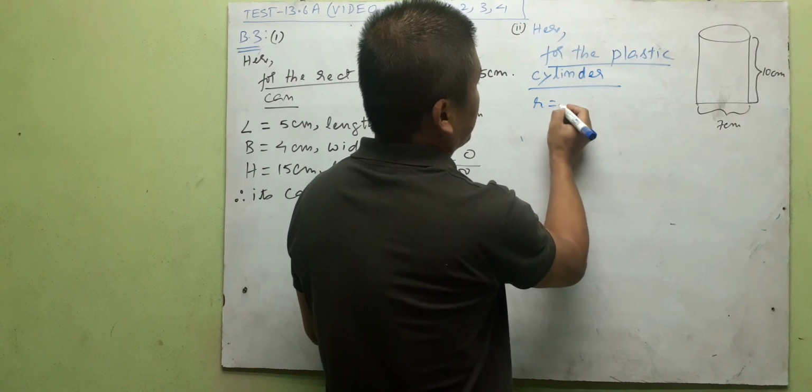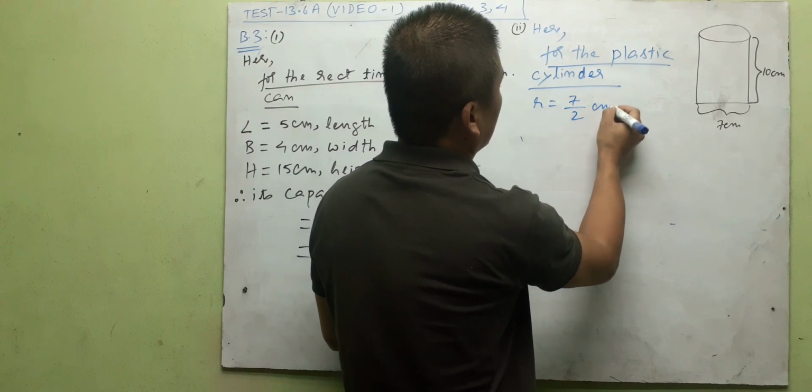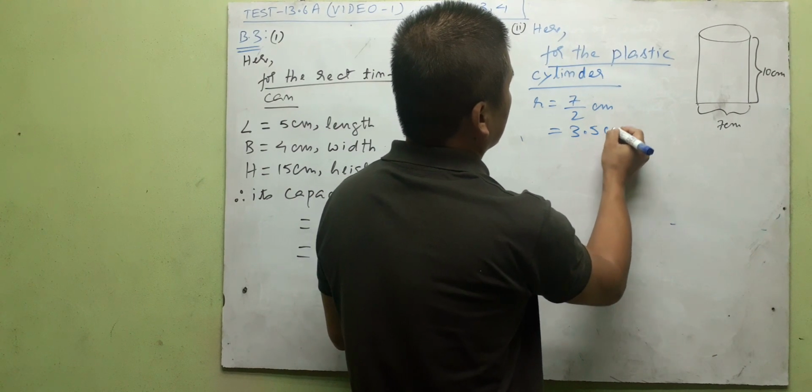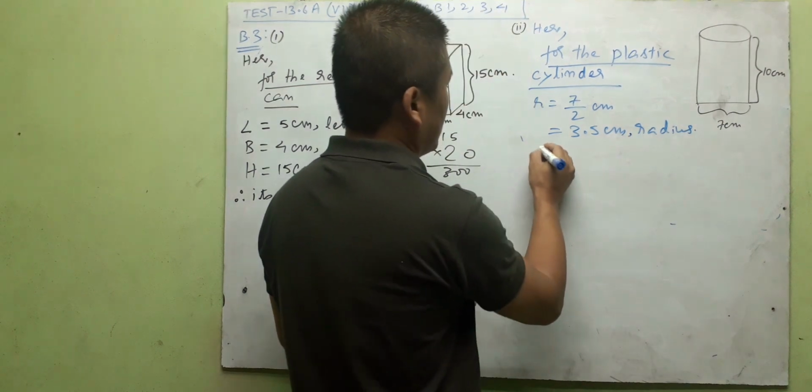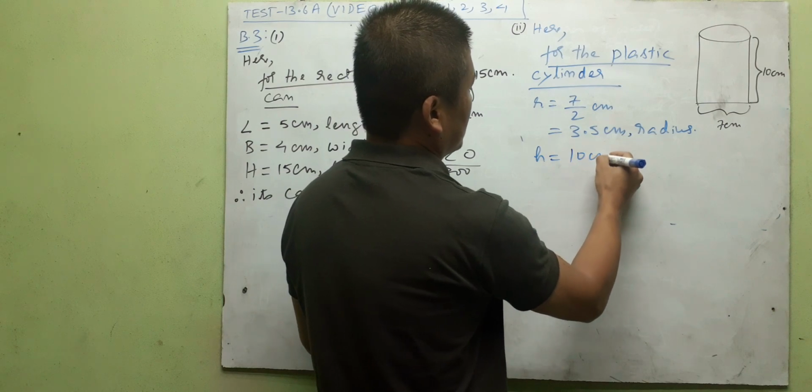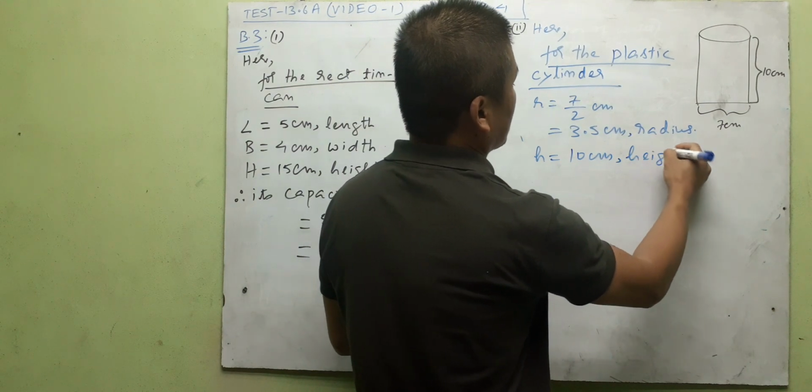The radius R will be diameter divided by 2, which is 3.5 centimeter, its radius. Then small h, let us use 10 centimeter, is the height of this plastic cylinder.